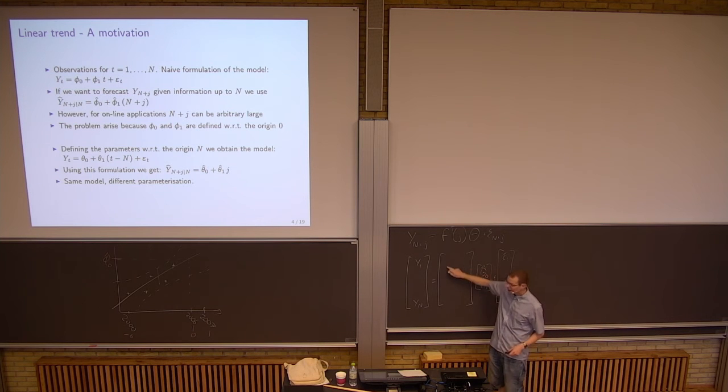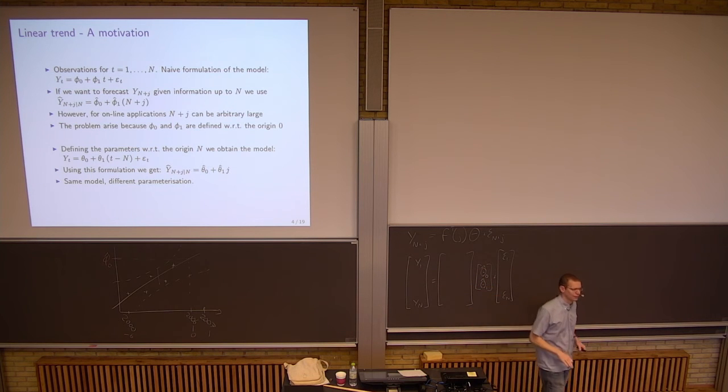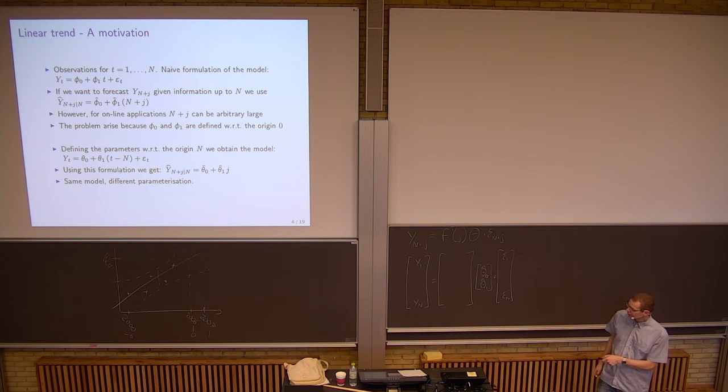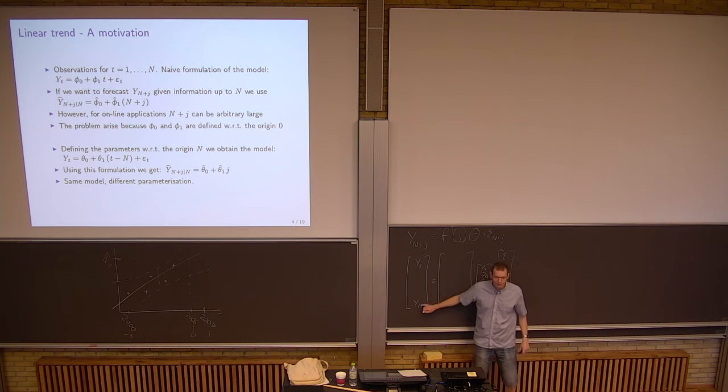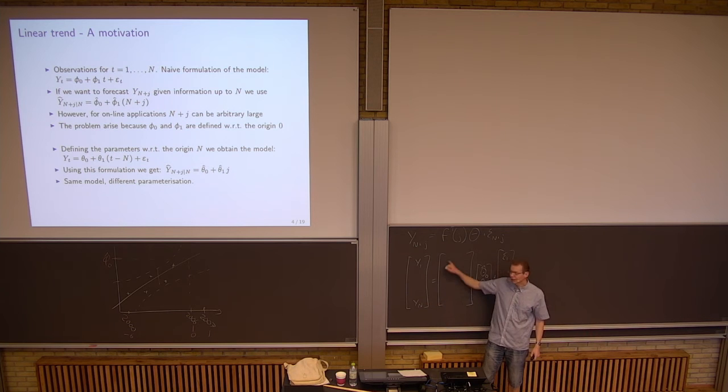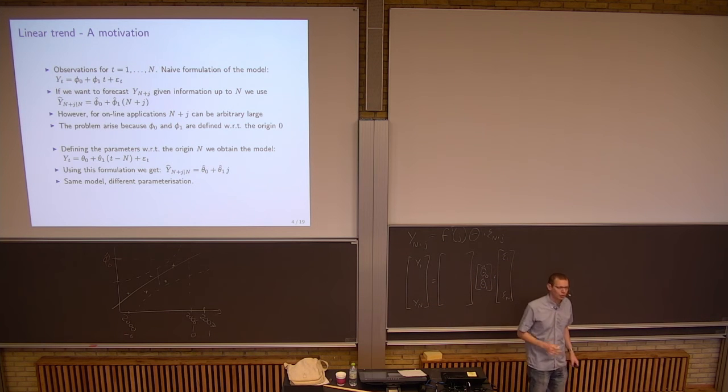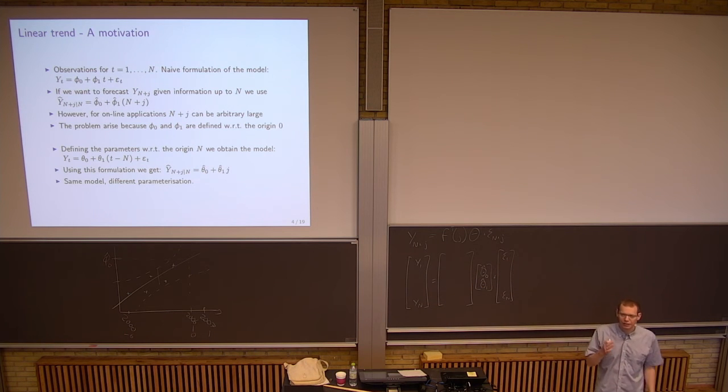So what should I have in here? To have reference, the reference time should be now. So what should I have in this matrix, the so-called design matrix? Can you see that?